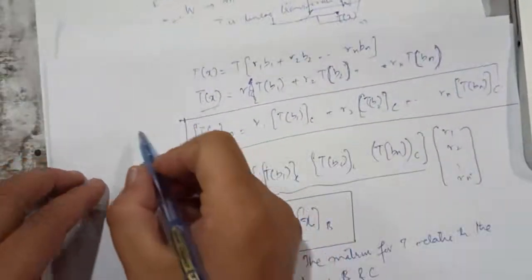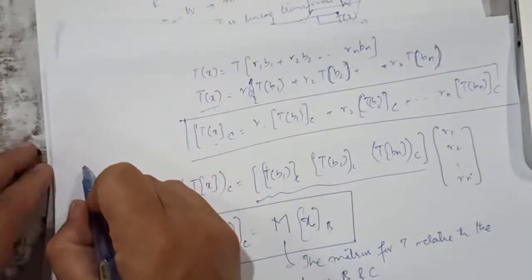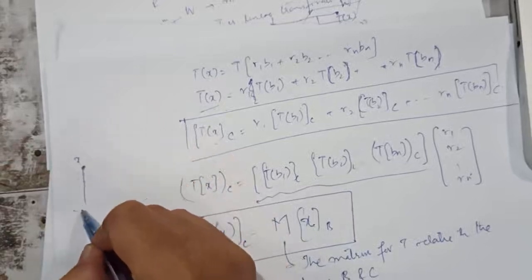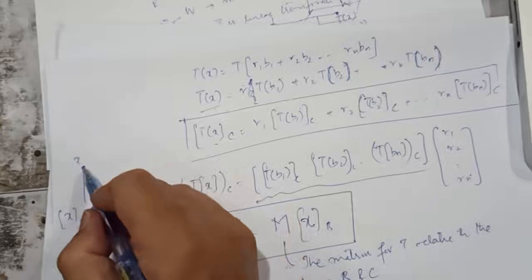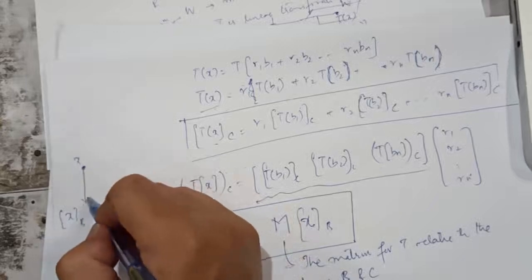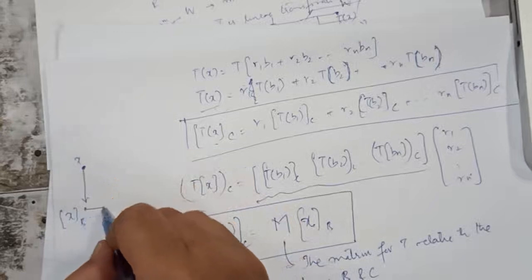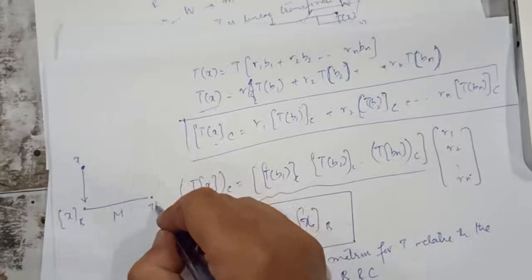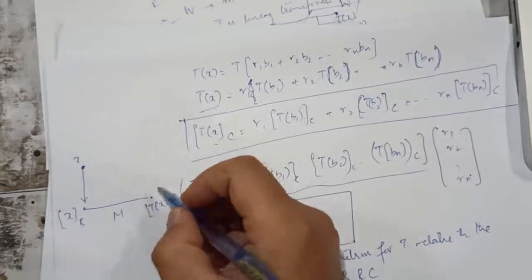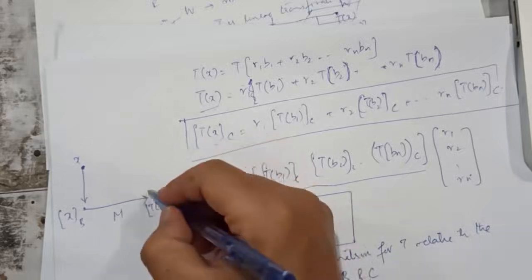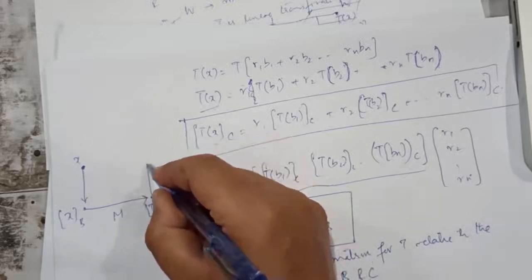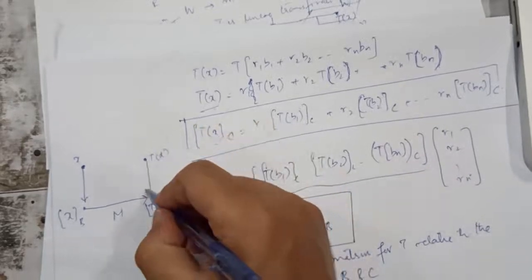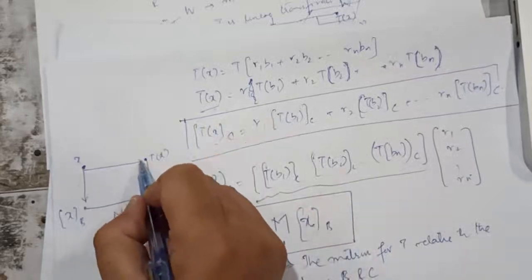Starting from a point x which is in V, first we have to represent that in terms of its basis, which is x of B. Then you apply this M matrix to convert it into the transformation T x of C. Similarly, if you want to move to simply T of x, you can go from here, or similarly I can go to here, right?